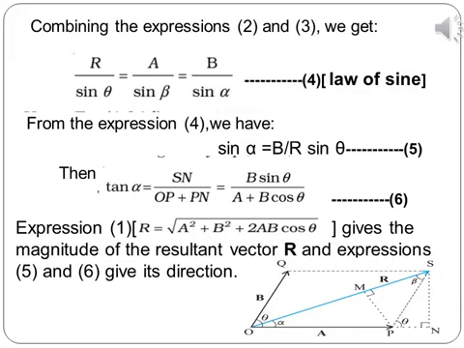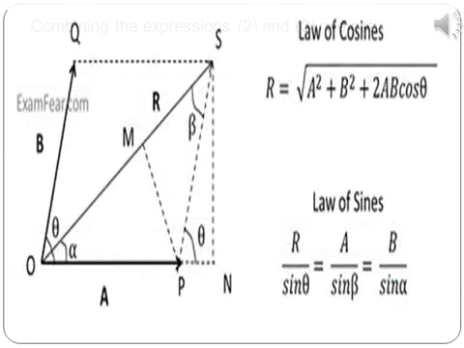Then the expression 1 gives the magnitude of the resultant vector R, and the expressions 5 and 6 give its direction. This slide shows the mathematical expressions of the two laws, which are law of cosines and law of sines.